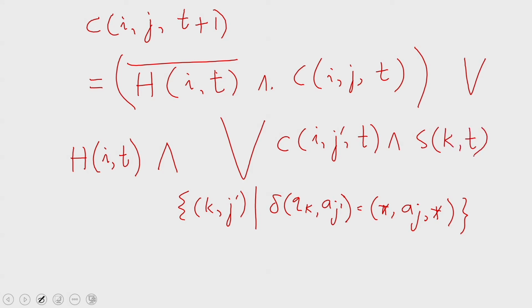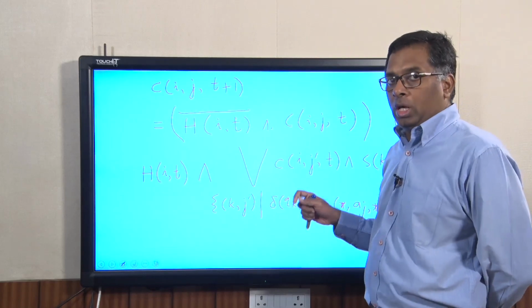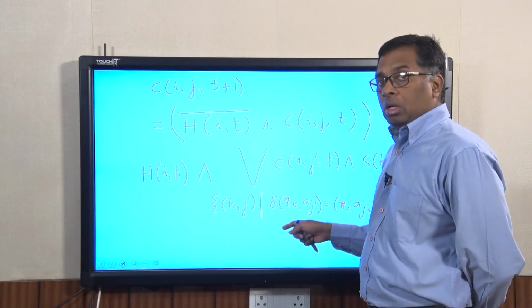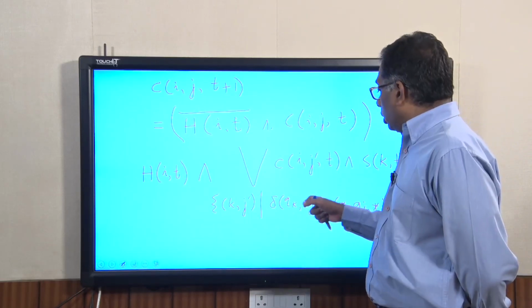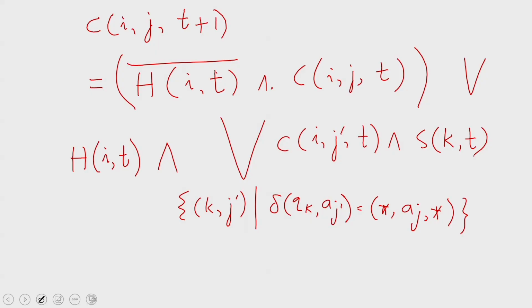Thus, we want to say that there exists an ordered pair k j prime, so that Qk Aj prime is an Aj writing move. That is, if the previous state happened to be Qk and the scanned cell contained Aj prime, in that case the machine would have written Aj in the cell scanned. So, such a Qk Aj prime was in contention in the previous step.